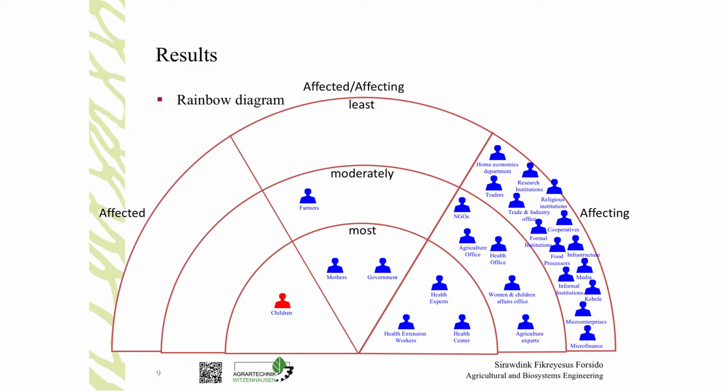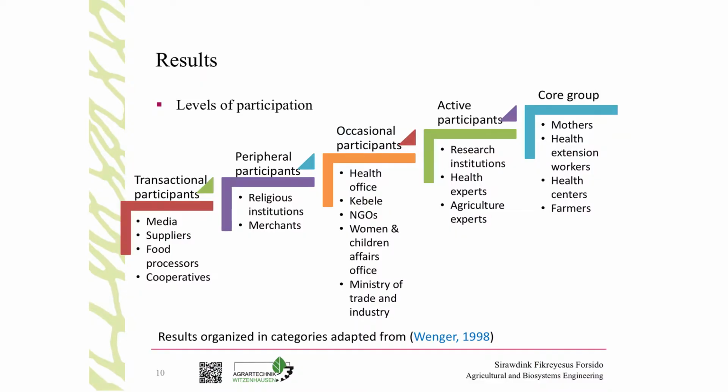The health-related stakeholders, like health extension workers, are most affecting this kind of project, and the agriculture sector is somehow moderately affecting the project, and the remaining stakeholders are least affecting our work. So we use this result and we come up with a level of participation.